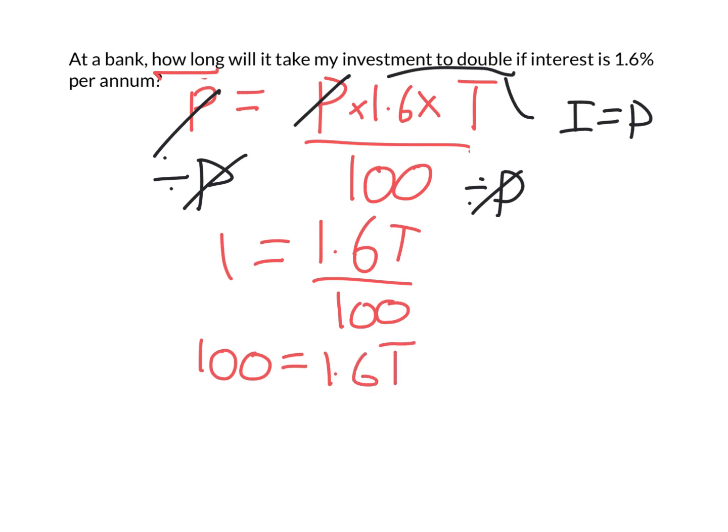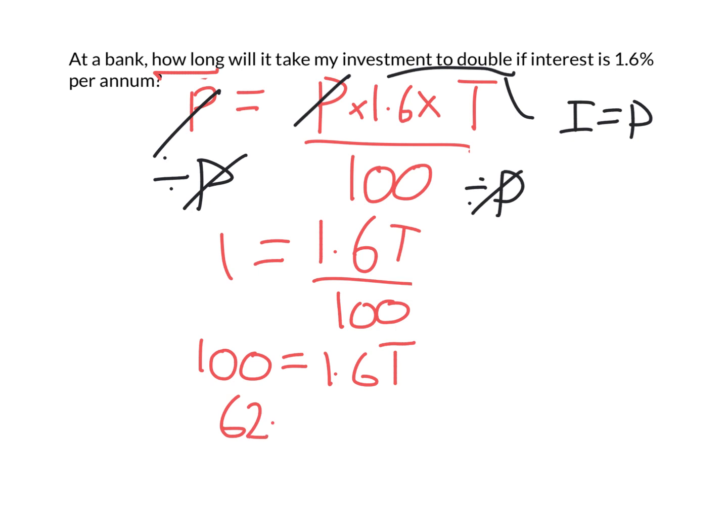It turns out, if you want the investment to double, it doesn't matter how much money you start with. Every time you want an investment to double with simple interest, rate times time has to equal 100, because the interest has to be 100% of the principal, or principal has to be 100% of the interest, whichever way you look at it. So now I can just divide each side by 1.6.